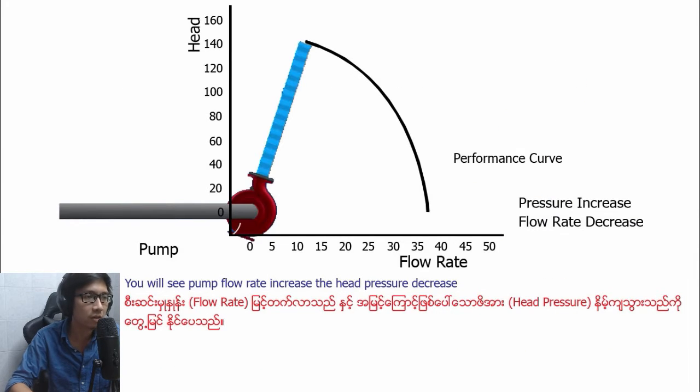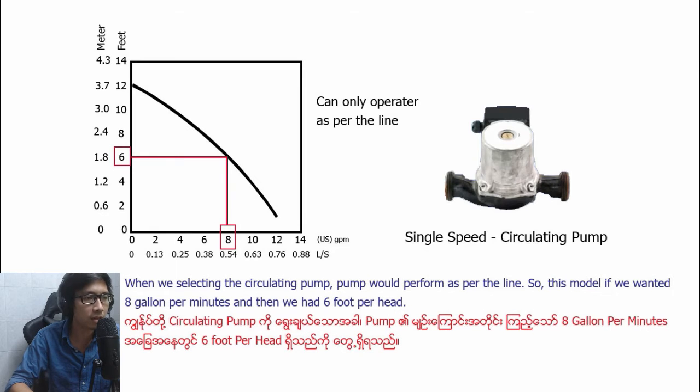You will see as pump flow rate increases, the head pressure decreases. When we select a circulating pump, it would perform as per the line. So for this model, if we want 8 gallons per minute, then we have 6 feet of head.